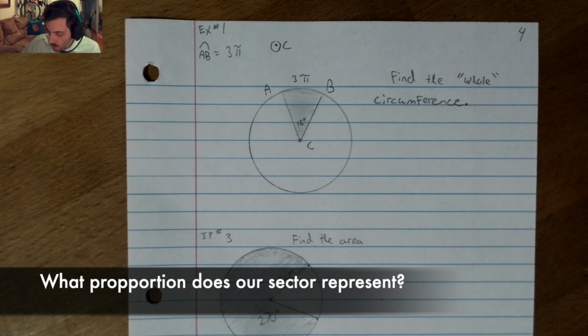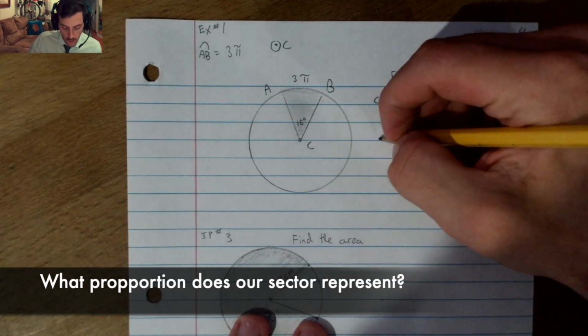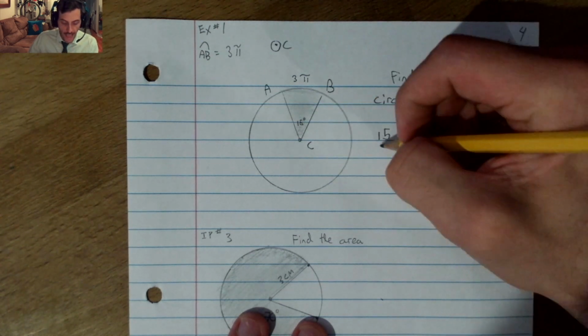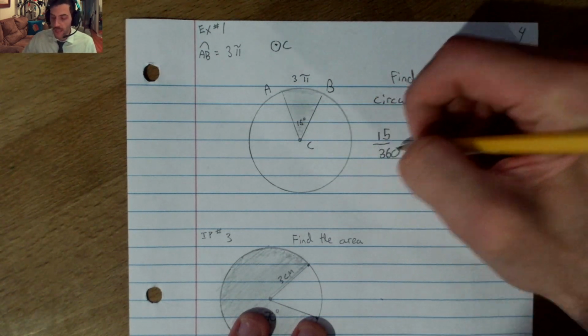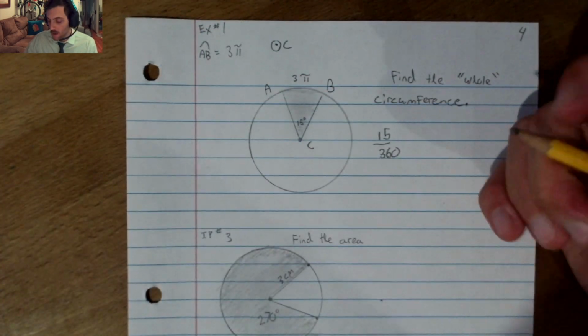From here, we can do a couple things. Since we're being asked to find the circumference, we're going to set up a proportion statement. For this particular one, we're going to do the value of 15, our degree measure, over 360. You can think about the left side sets up the fraction or the proportion we use.